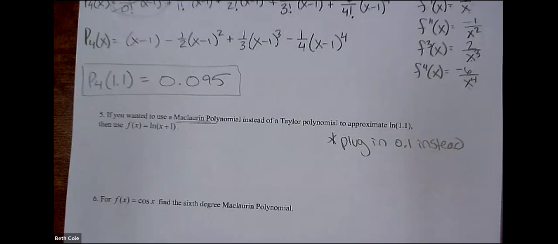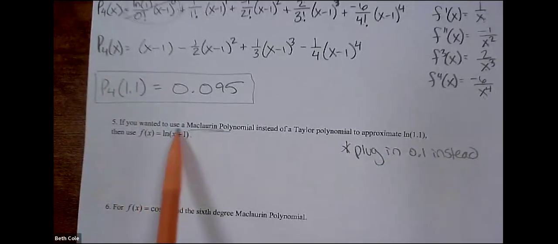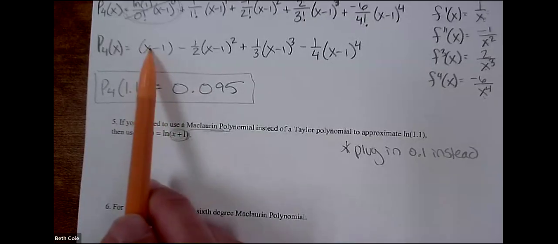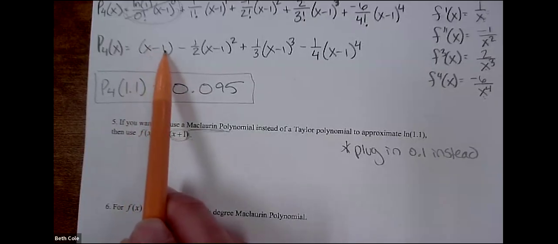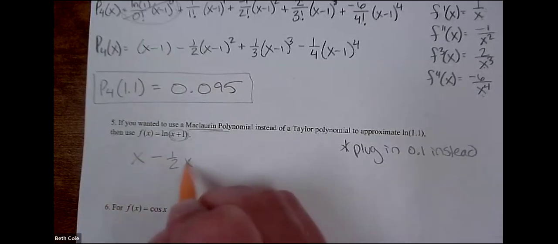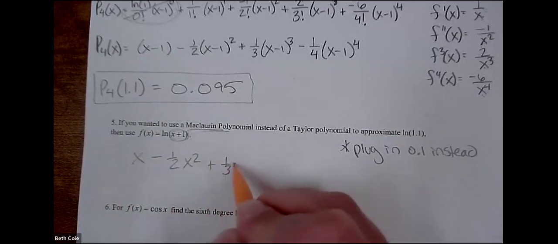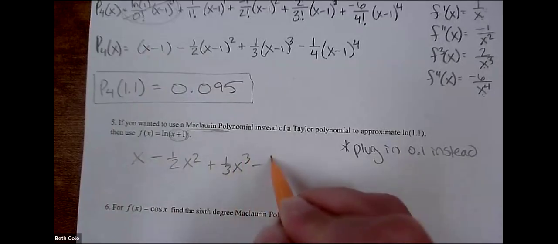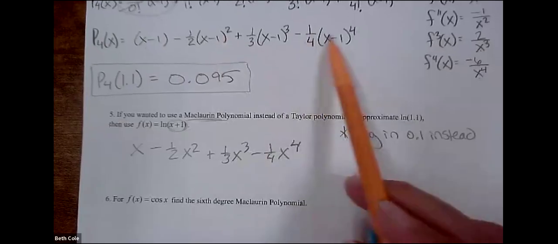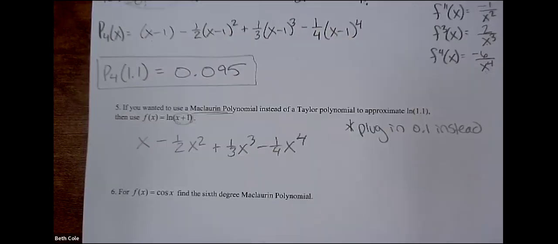If instead we wanted this centered at 0, imagine plugging x plus 1 into every single one of these. You would have x plus 1 minus 1, and it would just come out to be x. So it's exactly what we have written up here, but centered at 0 instead.